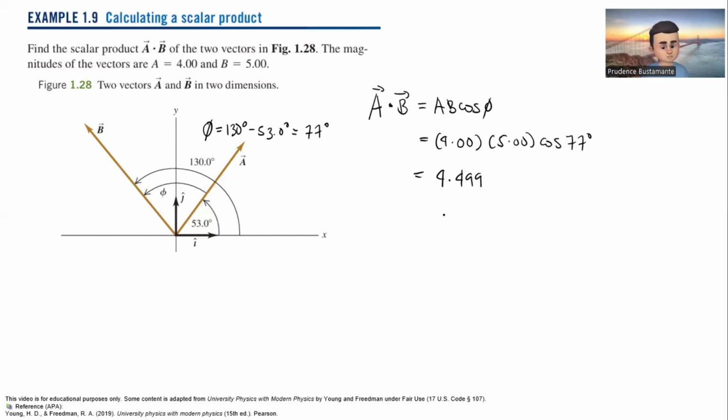However, if we follow the rules in determining significant figures, this has three significant figures, so our answer must be in three significant figures. A dot B is just equal to 4.50. So round off, 4.50.